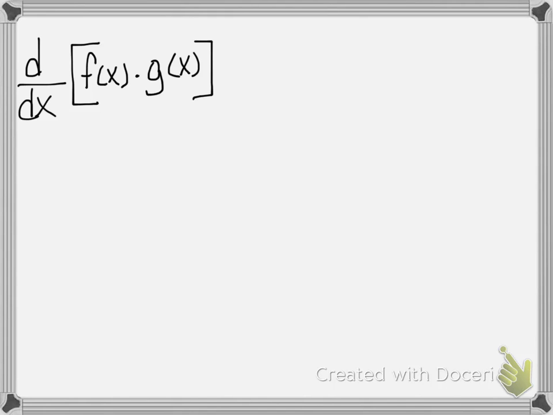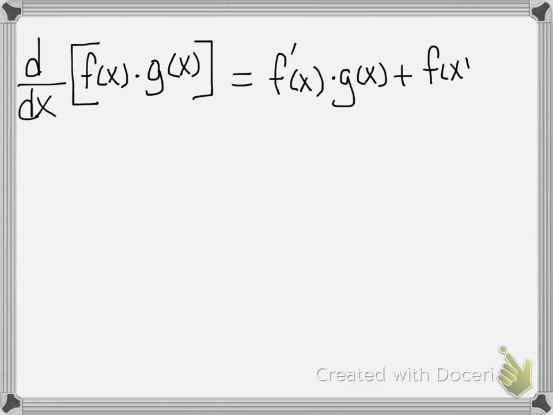Well, that is just going to be equal to the derivative of the first times the second, plus the first times the derivative of the second. And this is just called the product rule.